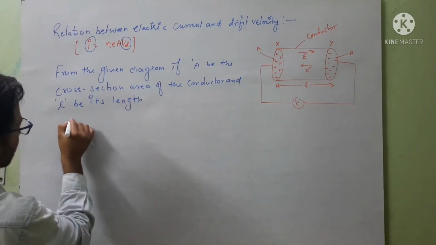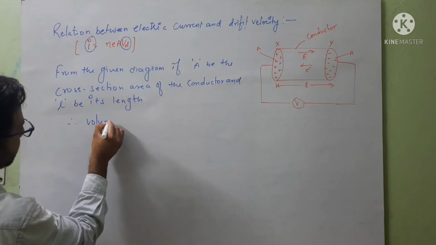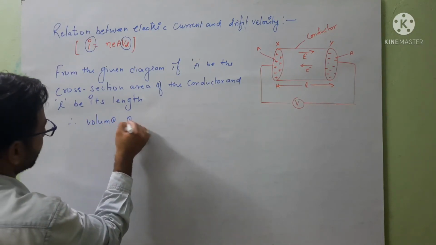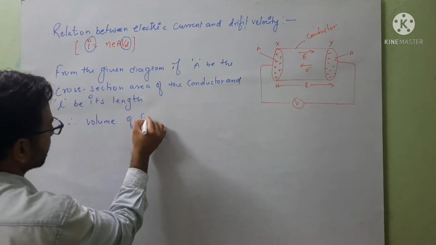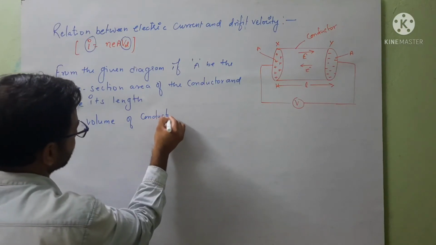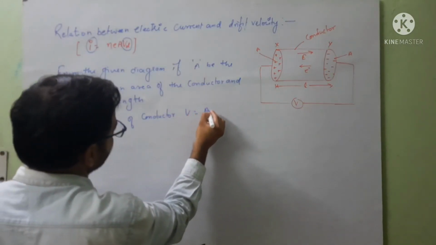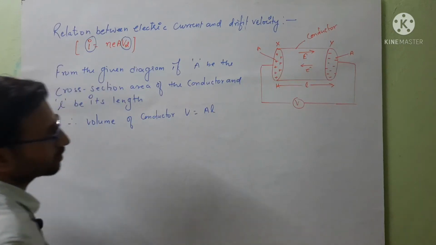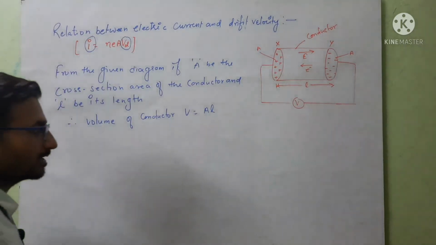Clear, students? Therefore, what is the volume of the conductor? V is equal to area into length, we know very well.